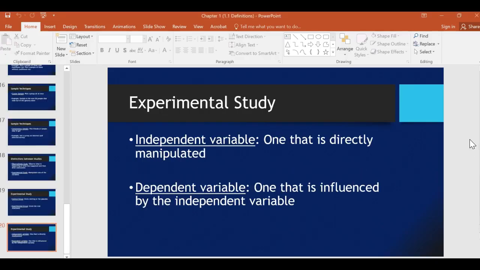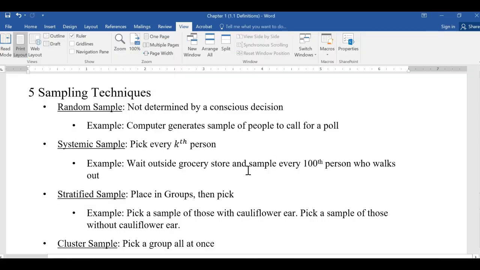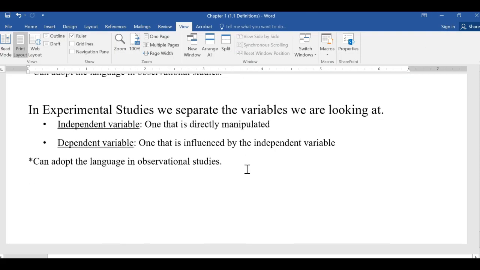Now, this is the end of 1.1. Hopefully, you've taken notes. Again, I've kind of flashed back and forth between the Word documents, the notes on the Word documents, and my overhead. In a real class, I would have just done the overheads, and I have sort of the Word document down on the table.